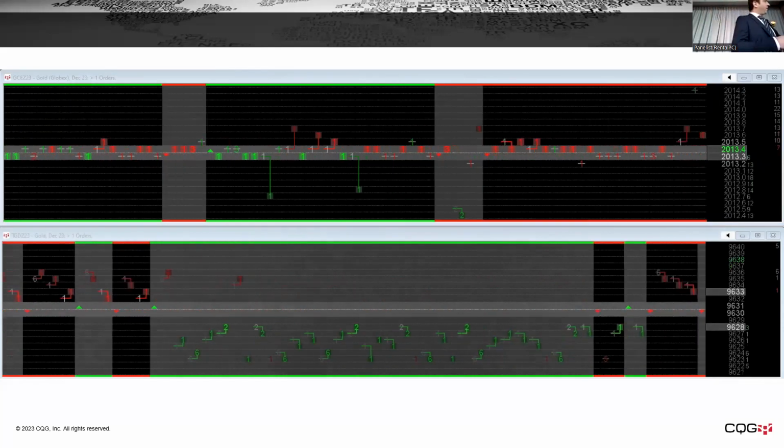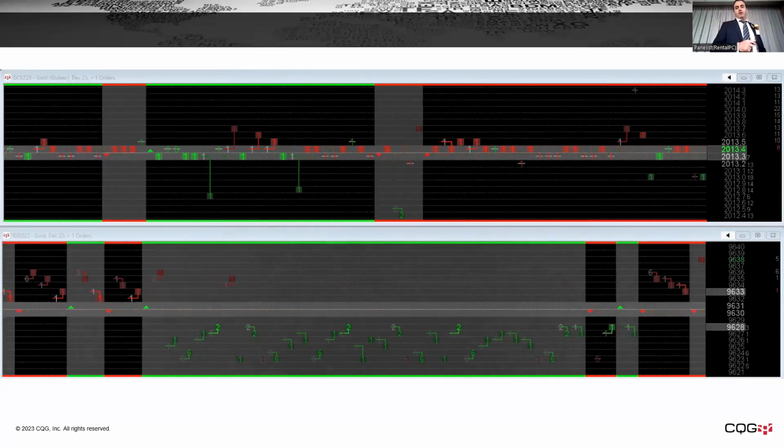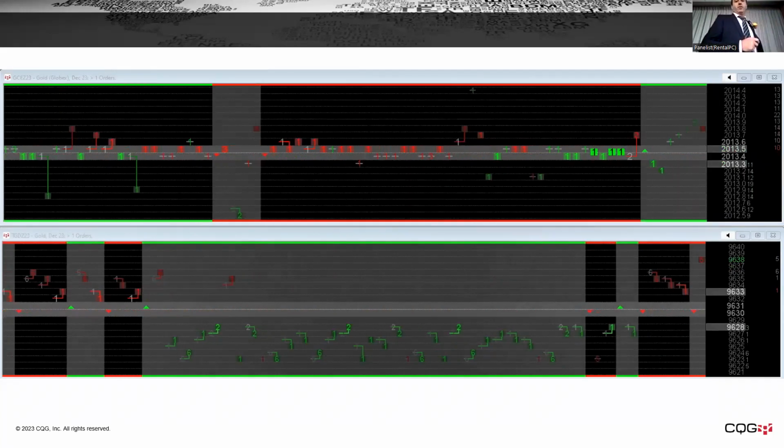COMEX Gold has a size of approximately $200,000 per lot. And OSE Gold weighs about 64,000 USD when we convert it into US dollars. So basically, we need about 3.1 times the value of one to make it level between the two contracts.